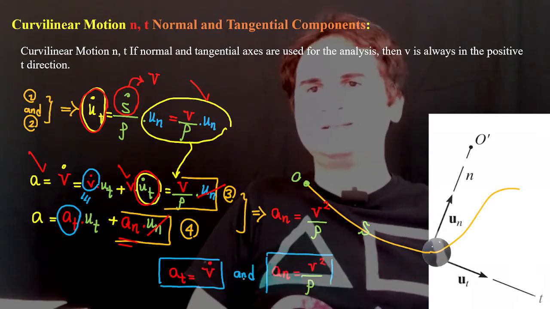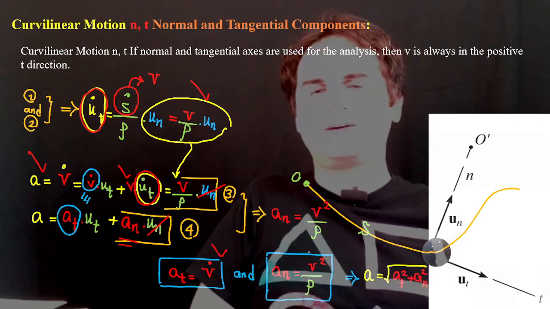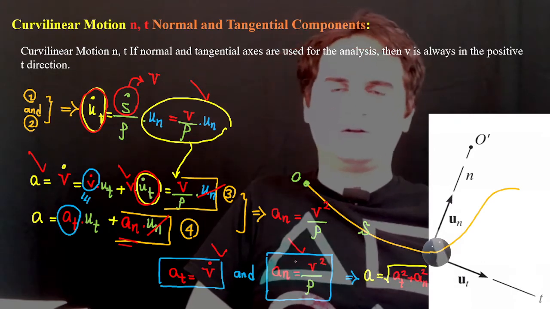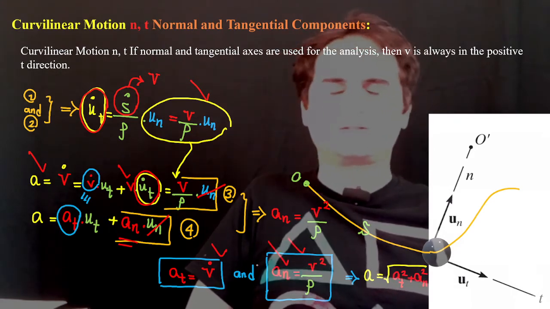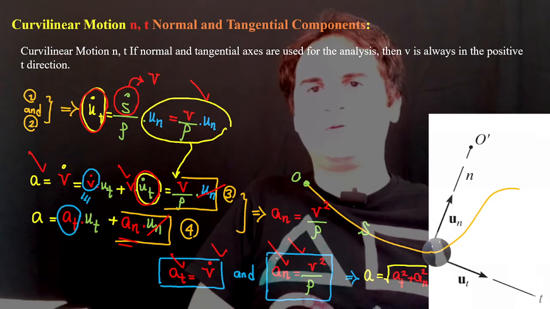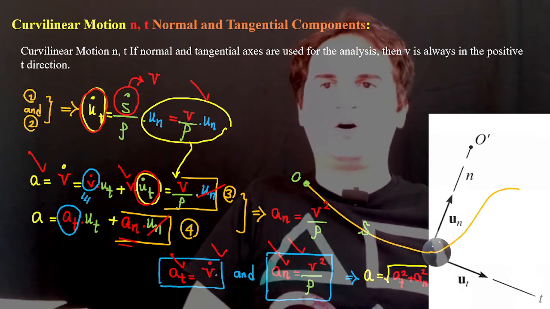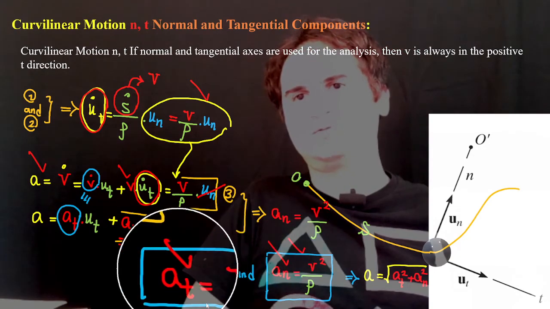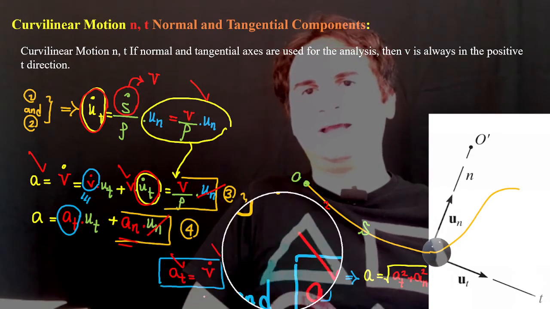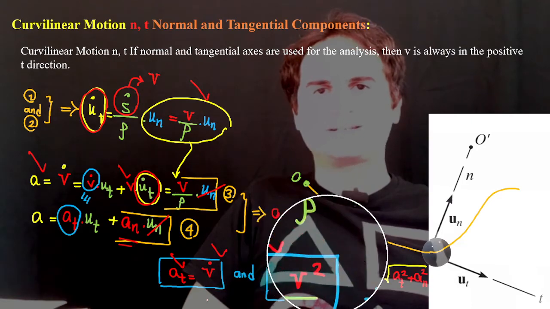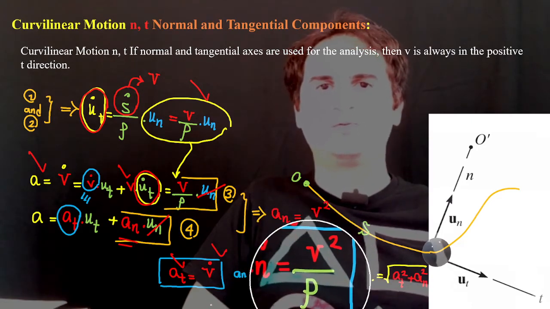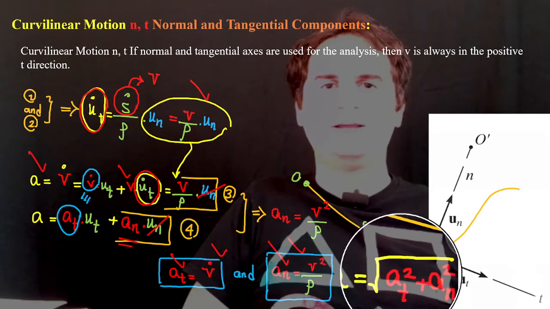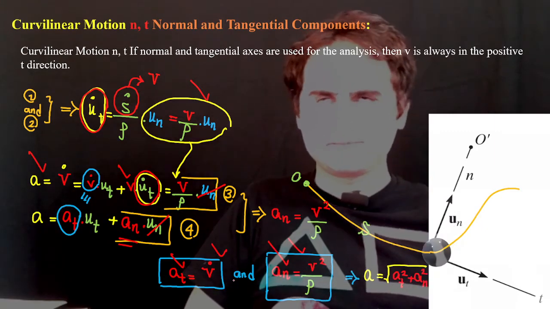So we can easily say the two components of acceleration, the tangential component and the normal component of acceleration, are: at is equal to v dot, and the normal component of acceleration an is v squared over rho. And the magnitude of the acceleration field is the square root of at squared plus an squared.